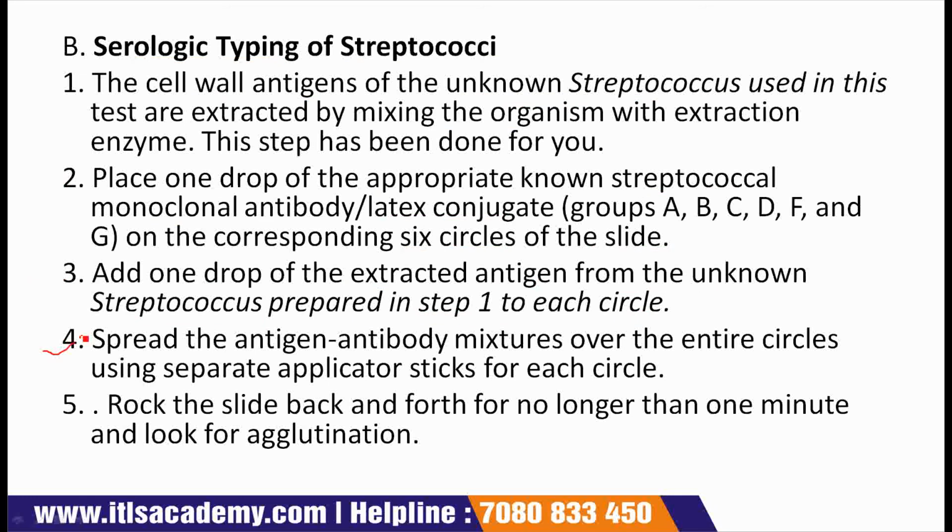Next point, spread the antigen antibody mixture over the entire circle using separate applicator sticks for each circle. And fifth point is rock the slide back and forth for no longer than 1 minute and look for agglutination.